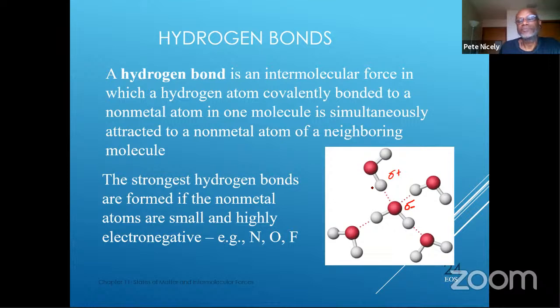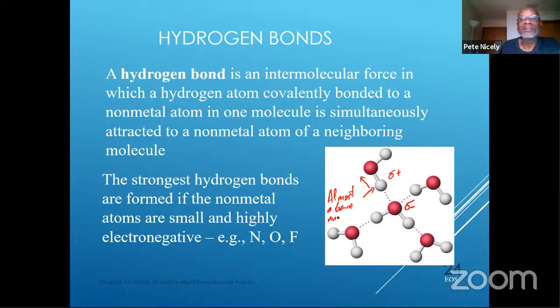All right. Now, if you remember, hydrogen has only one electron, right? So that electron will be pulled towards the oxygen that it's bonded to, all right? So therefore, this is almost a bare nucleus. So let me write here, almost a bare nucleus.